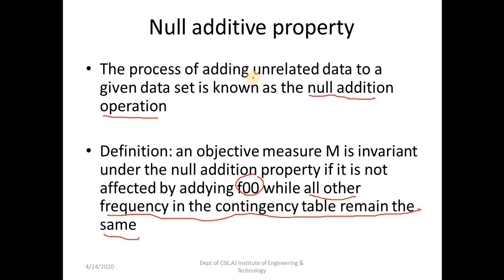See here, all other frequencies in the contingency table remain the same. The only entry that is changing is f00. Whenever you are adding unrelated data to a given data set, only f00 will change; f01 and f10 will not change. That is the null addition operation.